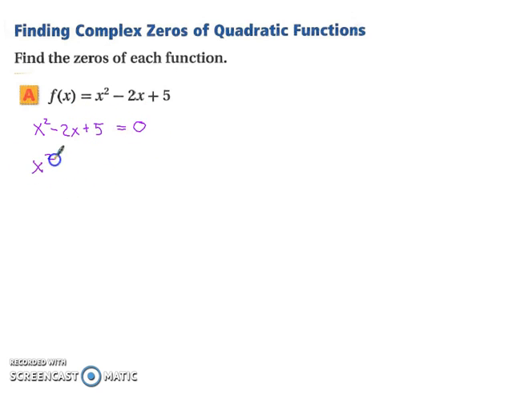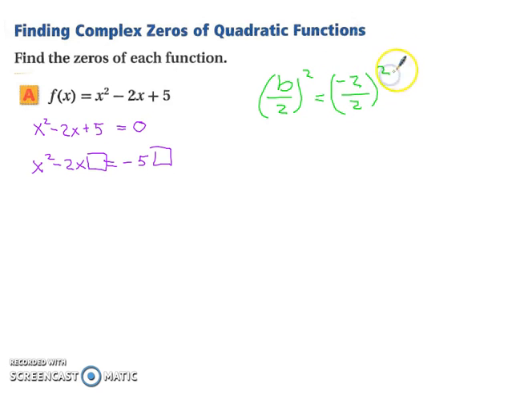So we have x squared minus 2x equals negative 5, because we want to put something in here and in here. To do so, we use our b over 2 and then square that. Our b value in this case happens to be negative 2. So we have negative 2 divided by 2 squared. Well, that is simply 1.